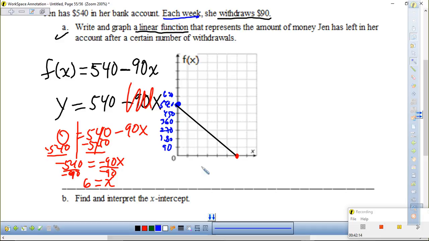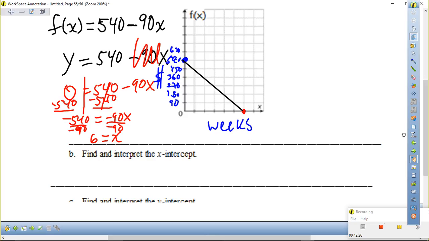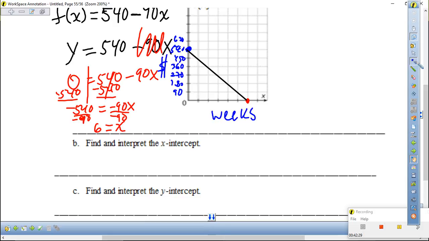Weeks. Okay. And this represents what? The y? Money. Okay. All right, so let's see. So what would be the coordinate for my x-intercept? 6, 0. Okay.